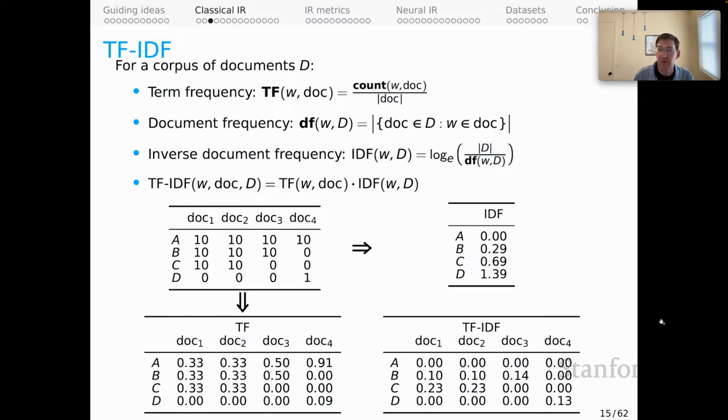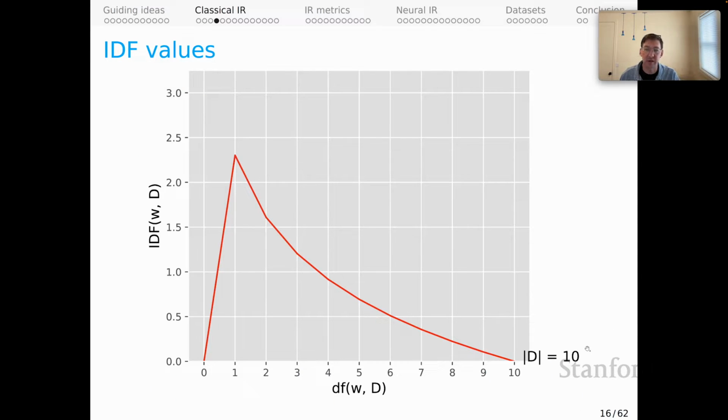Let's actually break down the scoring in a little bit more of a systematic way, starting with the IDF values. For IDF, we do have a little bit of a problem. If we have a word that occurs in no documents, then the IDF value is undefined because we need to divide by 0. So what I've done here is simply stipulate that that's a 0. If a word appears in just 1 document, it gets a maximal IDF value.